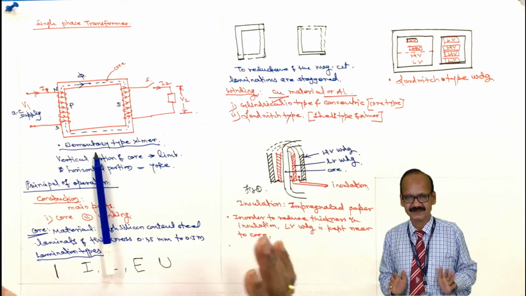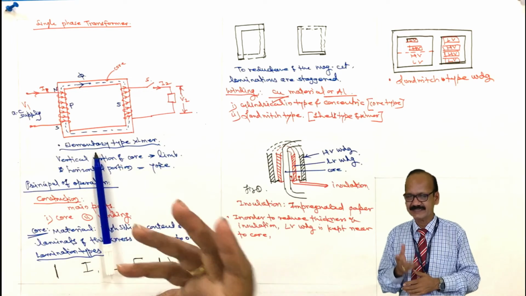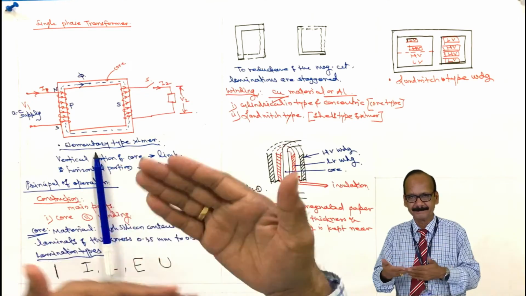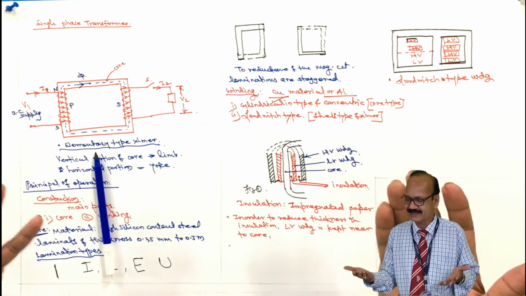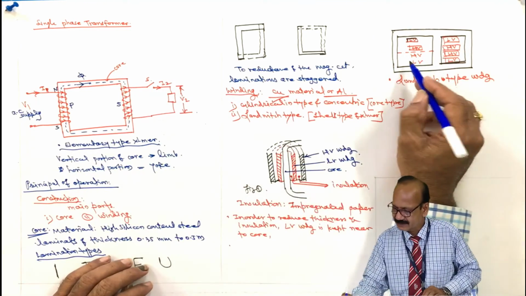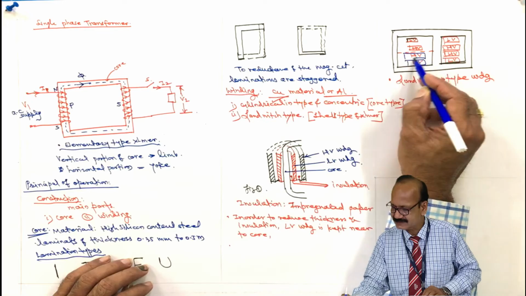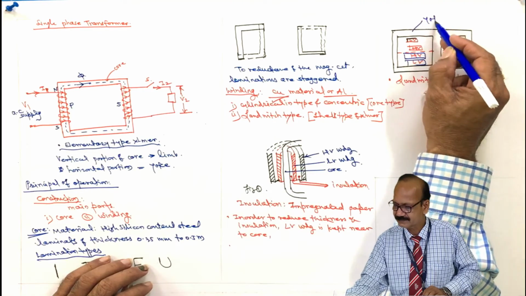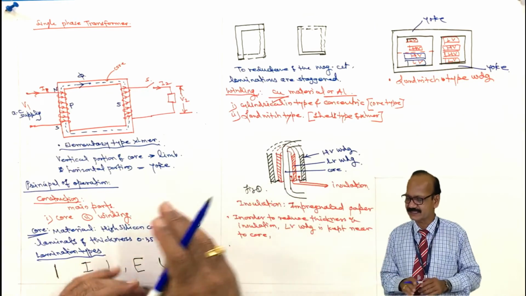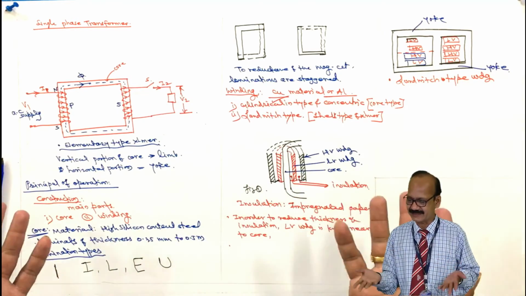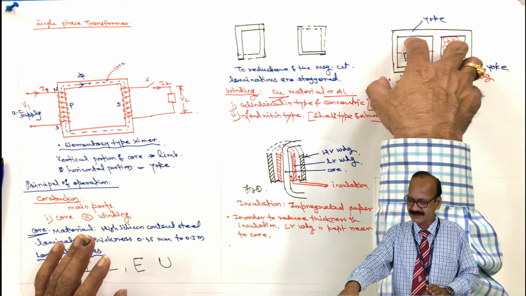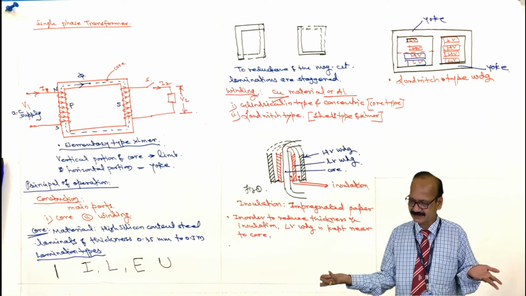It is in the form of discs connected in series, a number of discs, and normally it looks like pancakes, and the low voltage winding is placed near the yoke. See, on this side also and on this side also, this is yoke. This is also yoke. So it is placed near the yoke and the HV winding inside it. Now here, for maintenance it is a little bit difficult, else it is used everywhere.